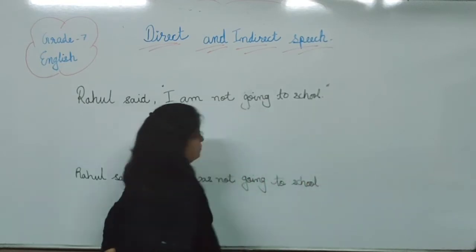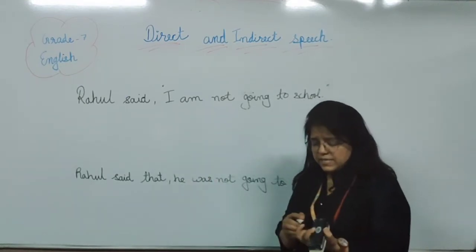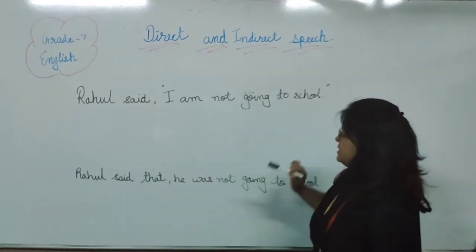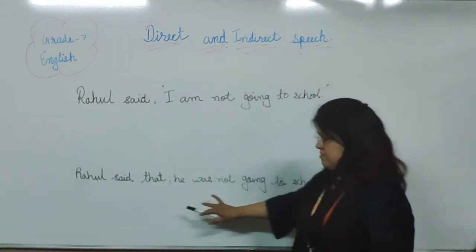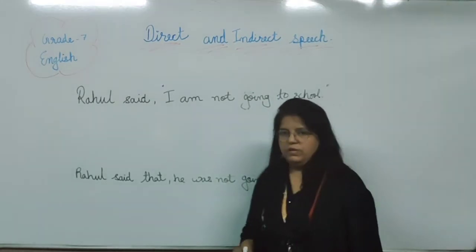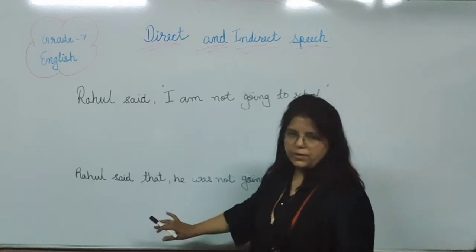Now here you can see in these two sentences, the message we have to report is the same. Rahul said that he was not going to school. Rahul said, I am not going to school. The meaning of the sentence is the same. We haven't changed it here.